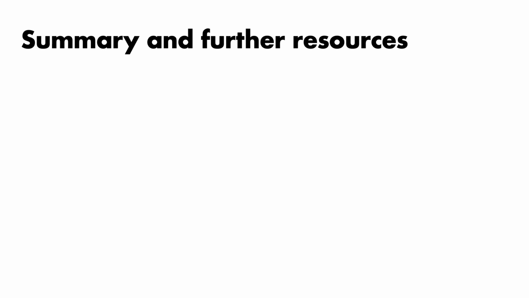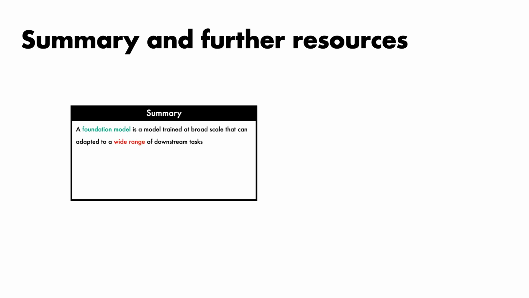Okay, let's wrap things up with a brief summary of what we've discussed. A foundation model has been defined as a model trained at broad scale that can be adapted to a wide range of downstream tasks. These models are associated with two key characteristics: emergence, in which behaviors and functionality are implicitly induced rather than coded into the model explicitly, and homogenization, in which a small number of models become building blocks for a wide range of tasks.